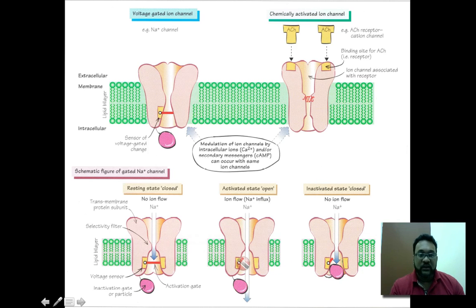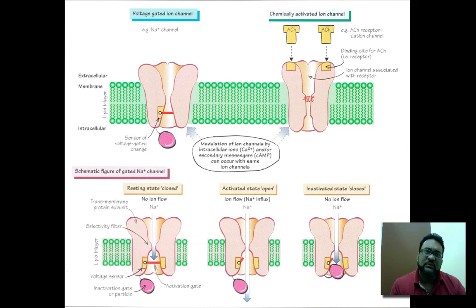Now the last thing that we should talk about is how the activation gate is activated, for want of a better word. The activation gate is turned on when there's depolarization. So you might ask, when is the inactivation gate turned on? The thing here is this: the activation gate as well as the inactivation gate are both turned on when there is depolarization.